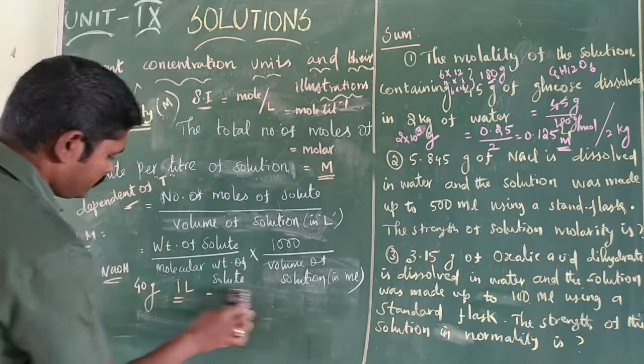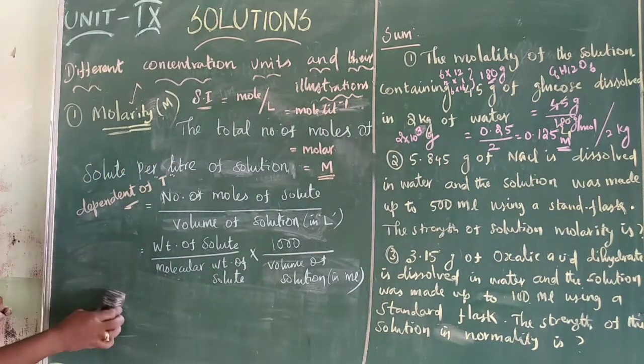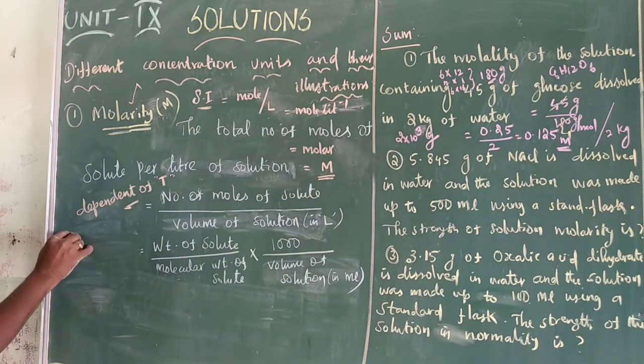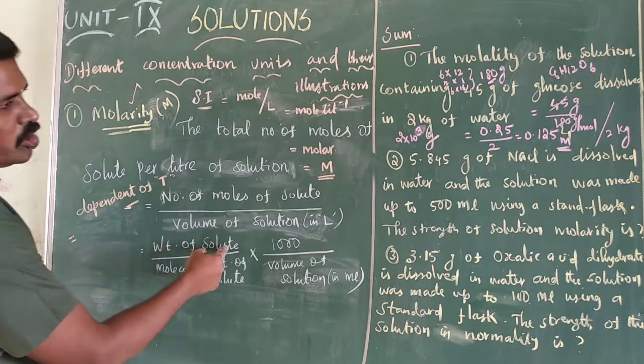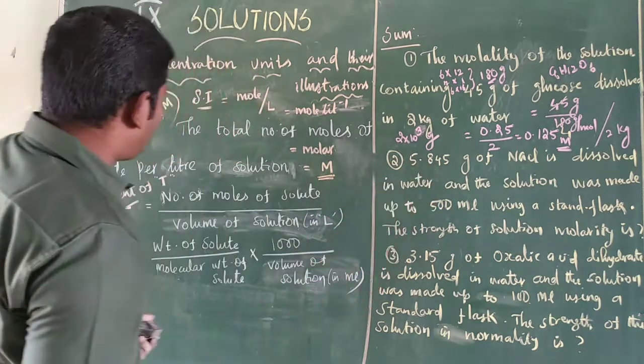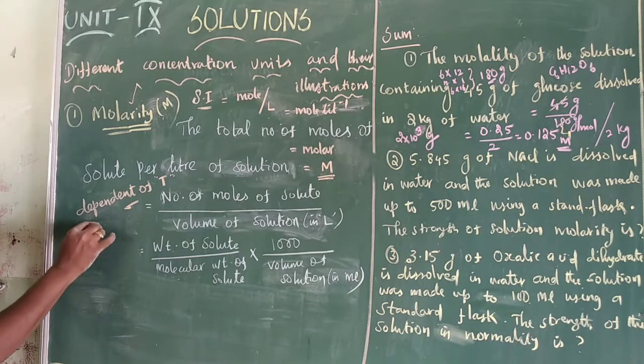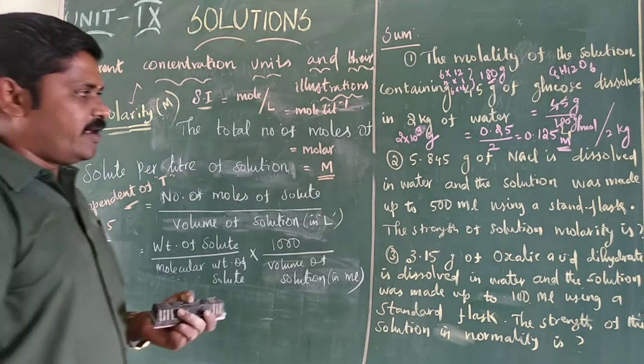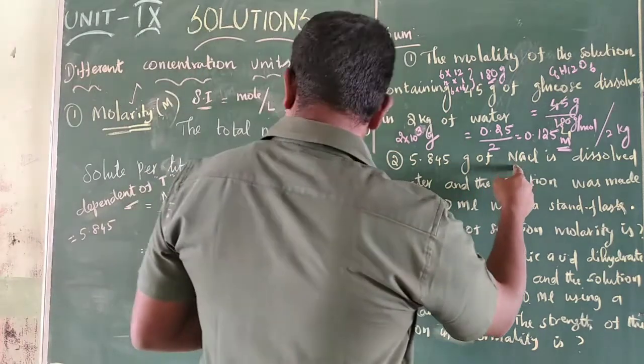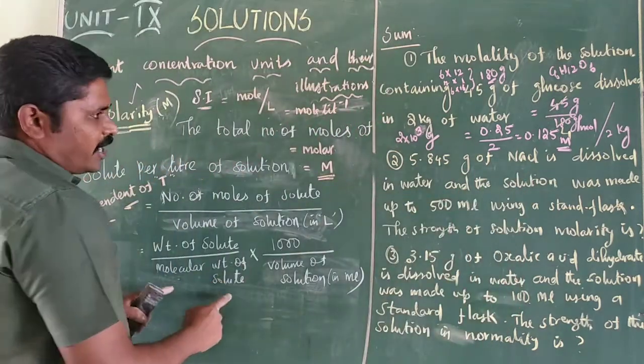So the formula: it is equal to the weight of solute, 5.845, divided by the molecular weight of solute.